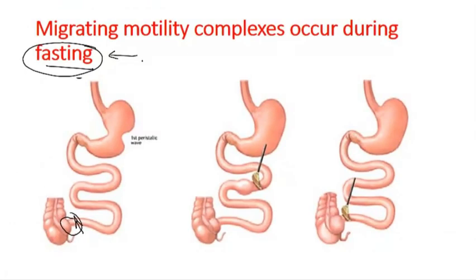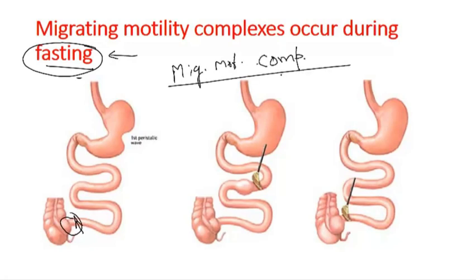The frequency of this migrating motility complex is about once every 90 minutes, or 6 to 8 overnight. So once in 90 minutes it starts to push whatever is present, whether digested or not, to the end part of the ileum.